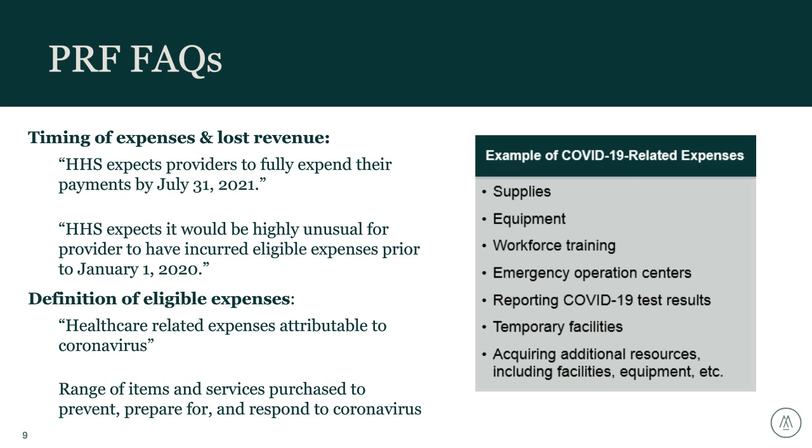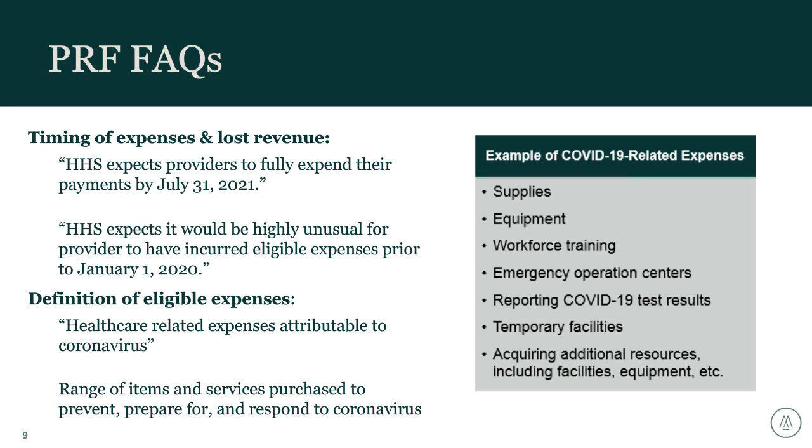So what we have on this slide is what I think of as bucket one, things that are directly related to responding to this pandemic. Supplies and equipment, your PPE, your ventilators, your respirators, the medical equipment you might have purchased. Workforce training, emergency operations centers. So you probably had a lot of meetings with your leadership at the beginning of this and probably still ongoing. So, costs that are associated with those meetings.